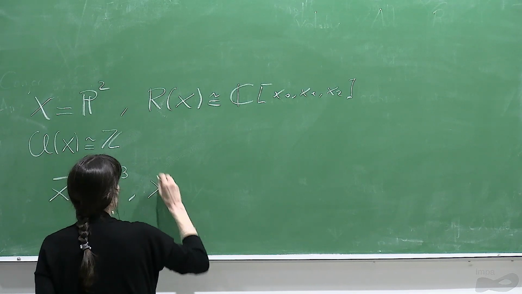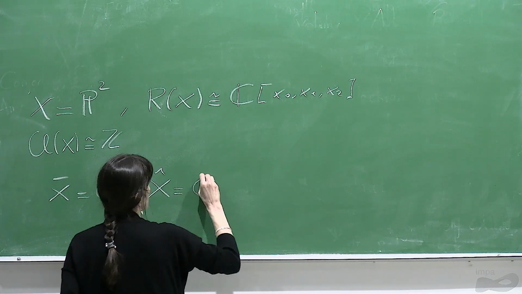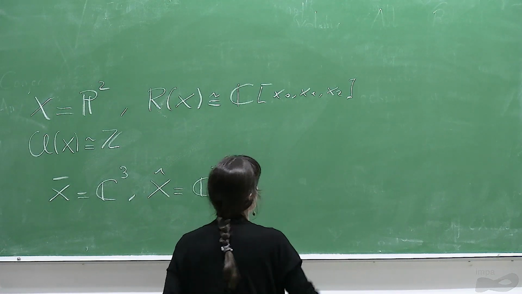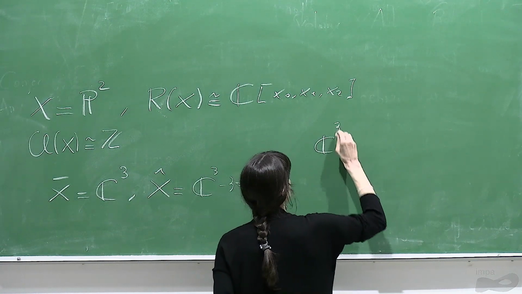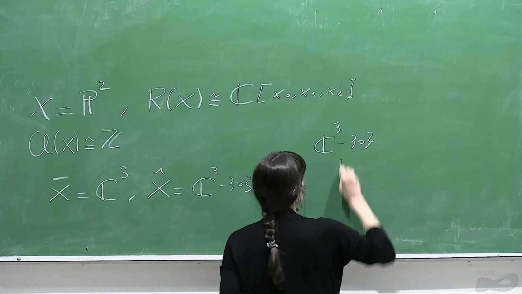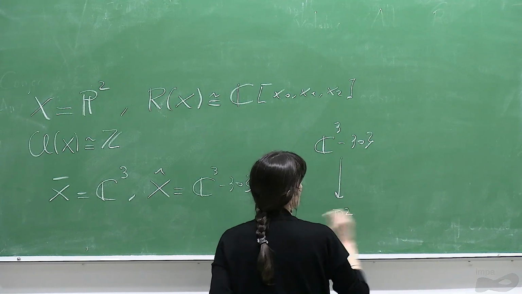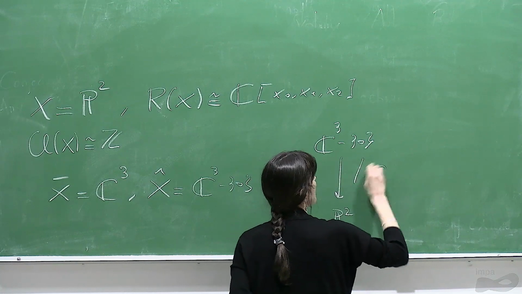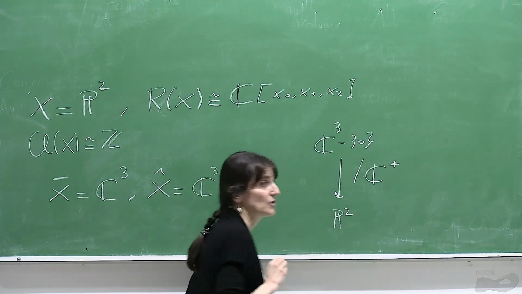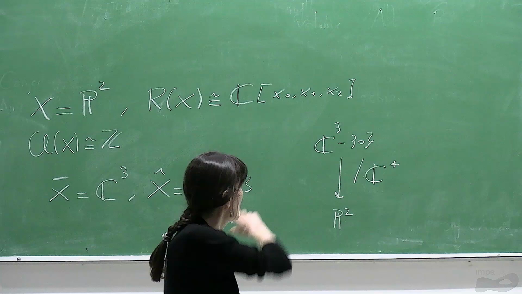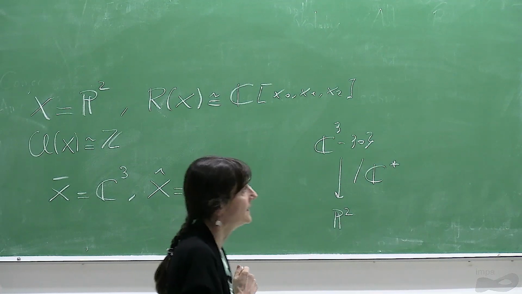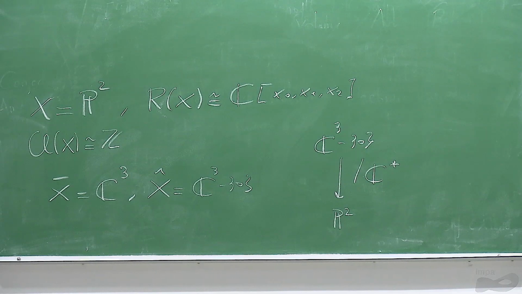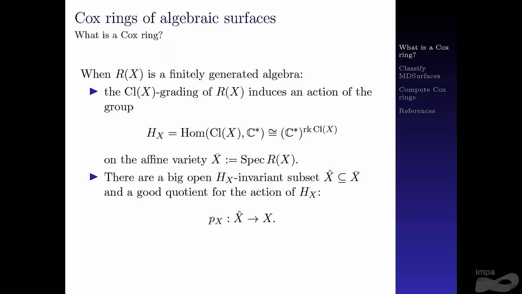This big open subset can be seen to be C3 minus 0. And the Cox construction there is nothing but the usual construction of the projective space, of the complex projective space, as a quotient of C3 minus the origin by the action of the one-dimensional torus. Okay, so this very familiar construction can be done for any variety with finitely generated Cox ring.